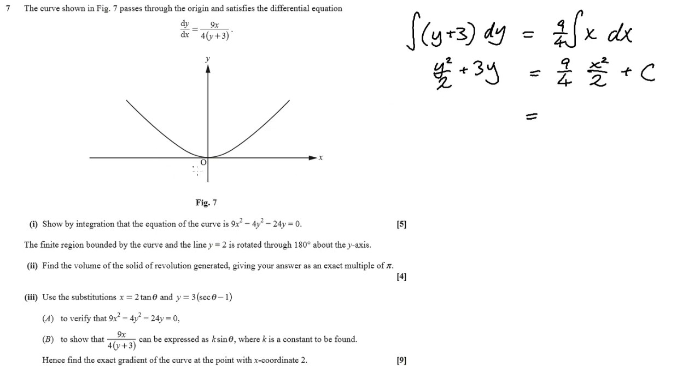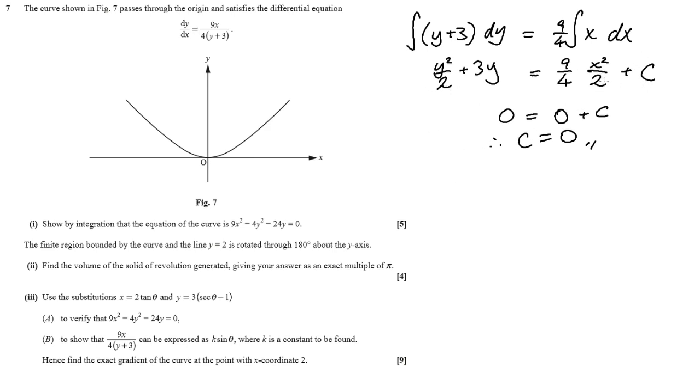According to the curve, it goes through the origin. So when y is 0, x is 0. So this side will be 0 and this side will be 0 plus c, and we can deduce that c equals 0, which is very useful so that we don't need to care about it.